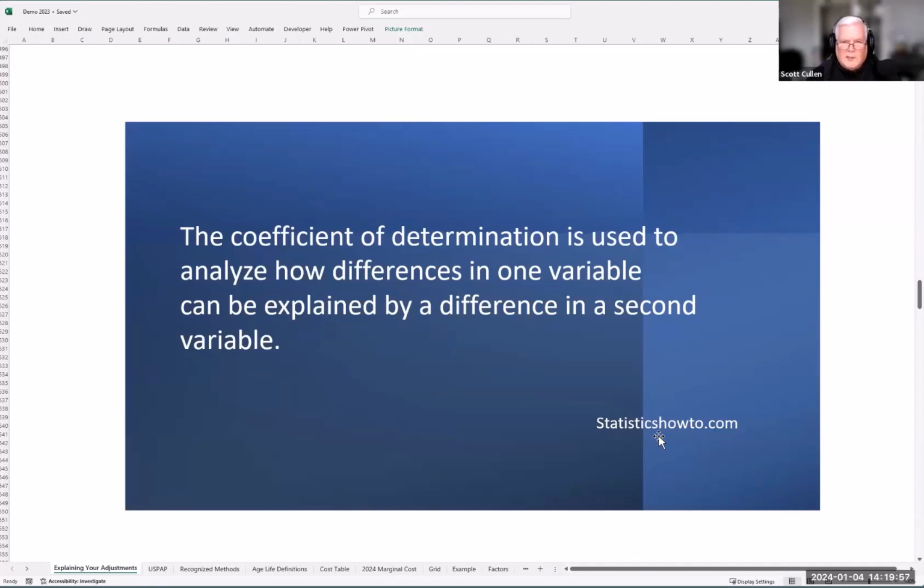And in our case, that's going to be one of our adjustment categories. So it just shows how the change in one determines the change in another. And it's on a scale of 0 to 1, 1 being 100%. If you've got a 1-to-1 ratio, you know that's a very good adjustment. If you're down below 0.4, you probably shouldn't be making that adjustment.